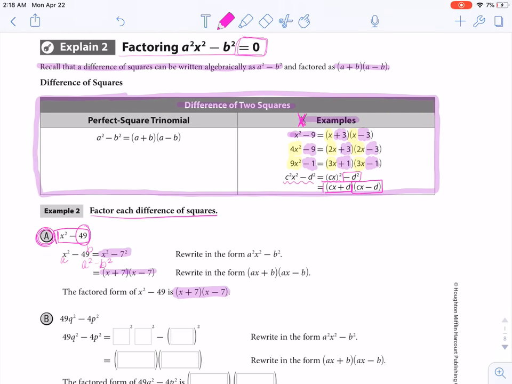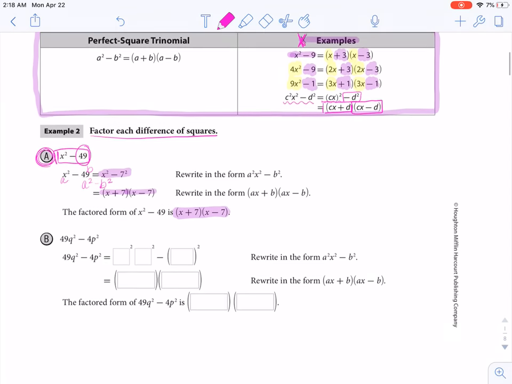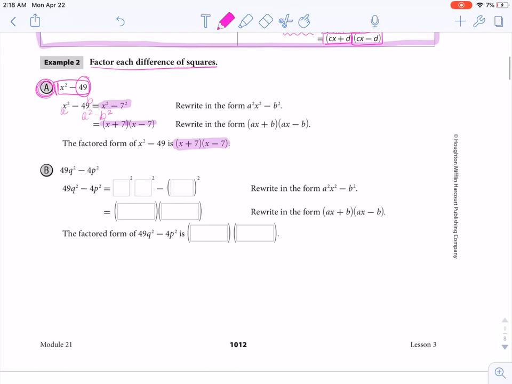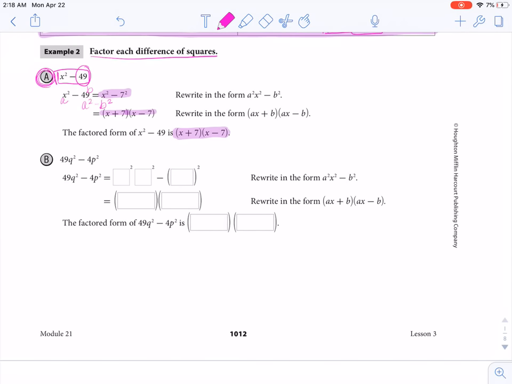Now I need you guys to do the next one with me. Instead of just highlighting, you're actually going to write it out. We have 49q squared minus 4p squared. The first thing that we need to do is look at 49, and how are we going to break that down?